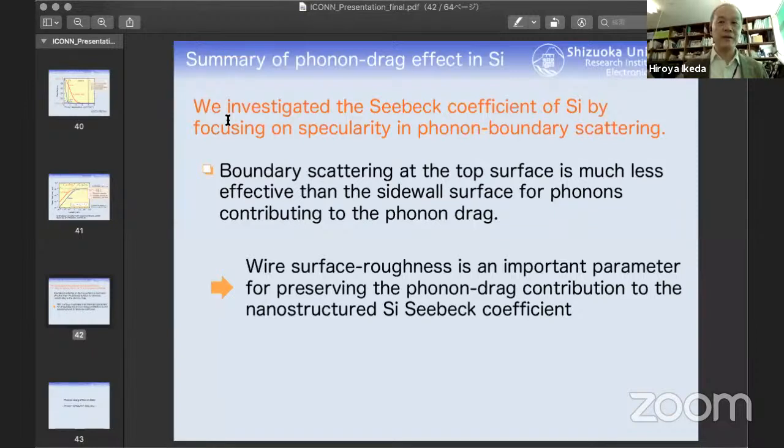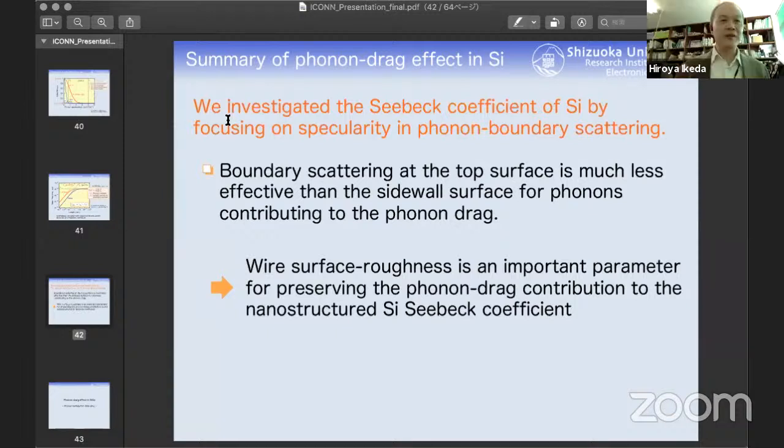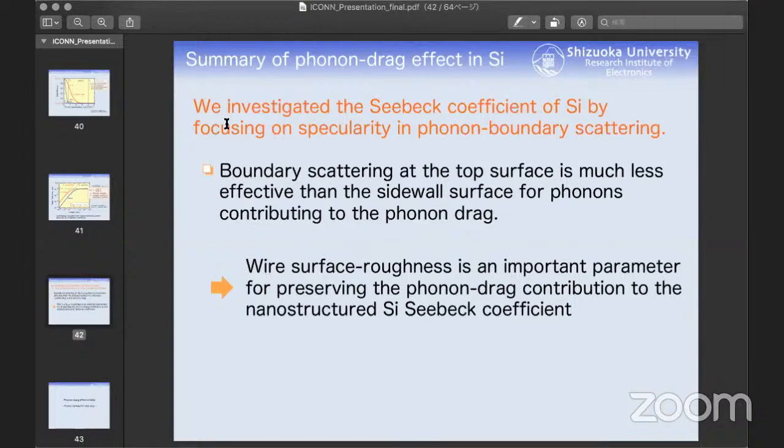And if there is a very large domain, it looks like a single crystal, so it is very good. So I think a middle grain size, comparable to the wavelength of the phonon, is effective for the scattering. I think so. So thank you, Professor.